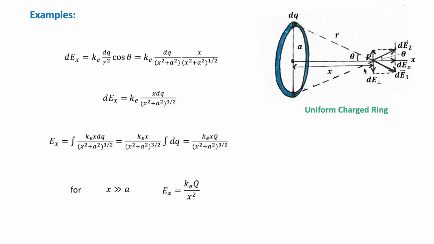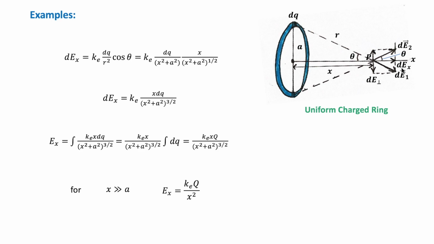A charge element from the opposite side of the ring will give us dE2, and it can also be resolved into two components. You can see that the two perpendicular components from the two opposite elements cancel each other out, and we are left with all the parallel components.